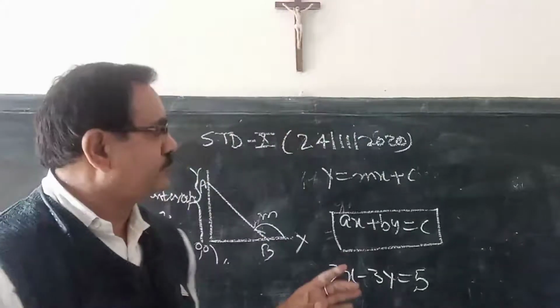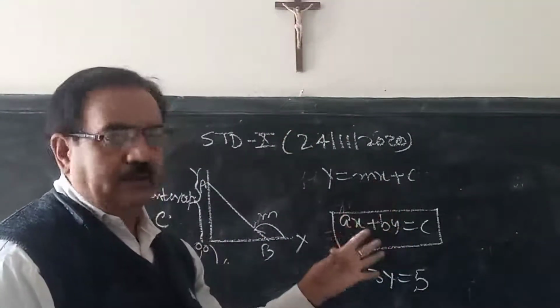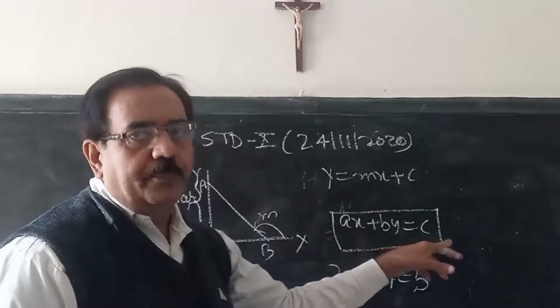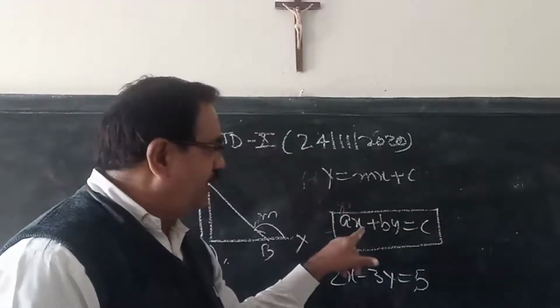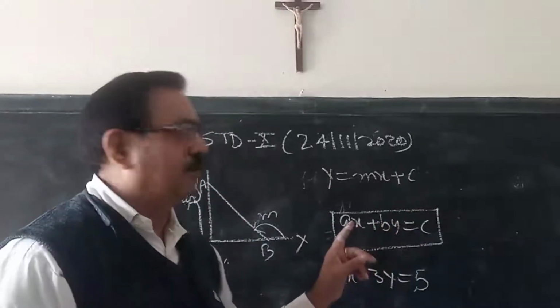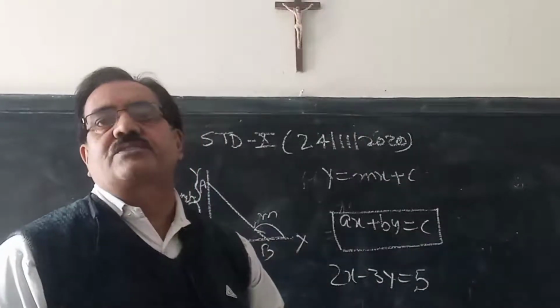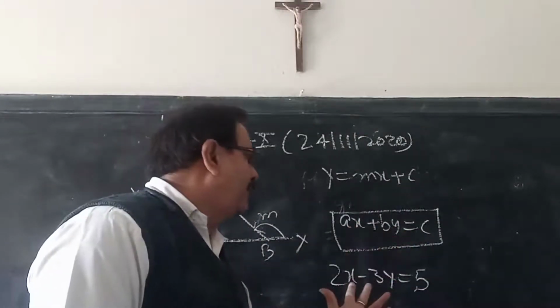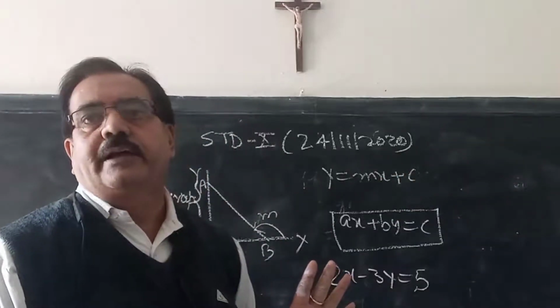Is it clear? This is the standard form of the equation of a straight line, maybe with plus and minus. Here a, b, c are constants, maybe 2, 3, 5, any digit, but x and y are the variables. So in any equation of a straight line, the variables x and y will always be there.